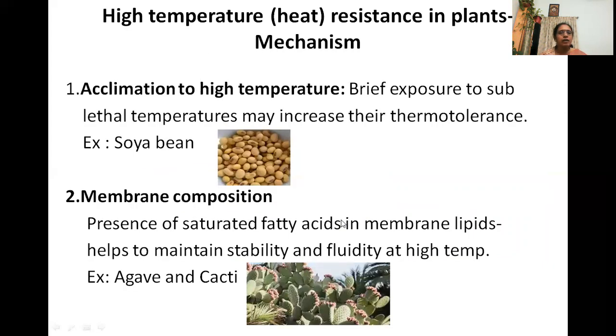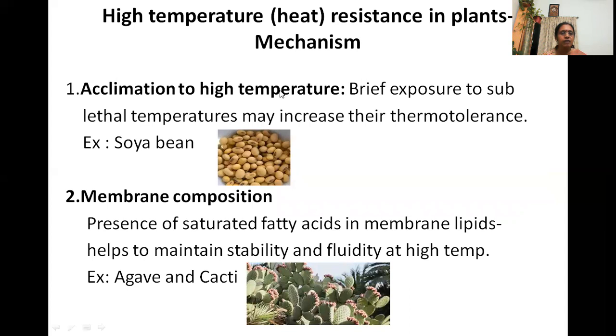Then the resistance, how it takes place in plants, the mechanisms, let us consider now. One is acclimation to high temperature. See, soybean seedlings which are exposed to a very high temperature for a very brief period of time can survive in a very high temperature. This is a very important thing.